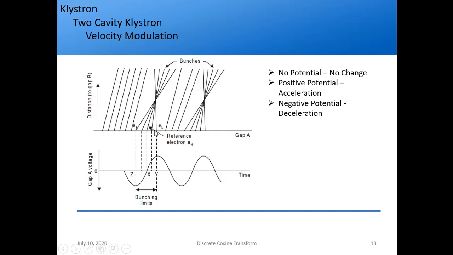As they travel further in space, they will come and meet at a point. That meeting at a point is called bunching. This is the electron bunch which is forming. Further down the cycle we'll have one more bunch, so each cycle corresponds to one bunch. No potential, no change in velocity; positive potential, acceleration; negative potential, deceleration. This is called velocity modulation.